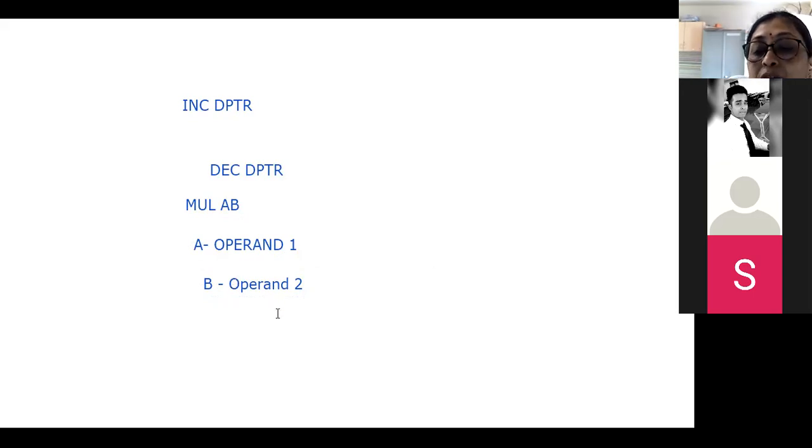If I multiply 8 bits by 8 bits, then the result can be 16 bits, isn't it? So the result of multiplication is big. So generally what is done? The result is stored in both the registers, register A and register B.